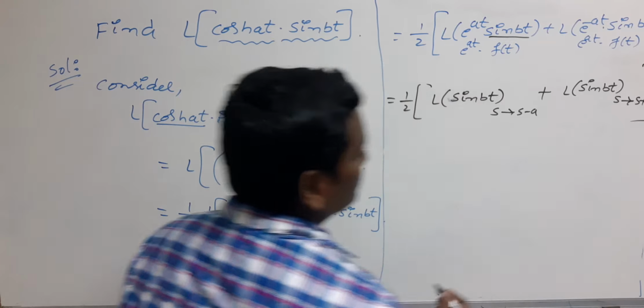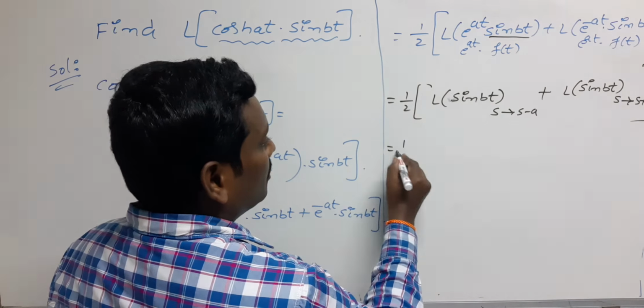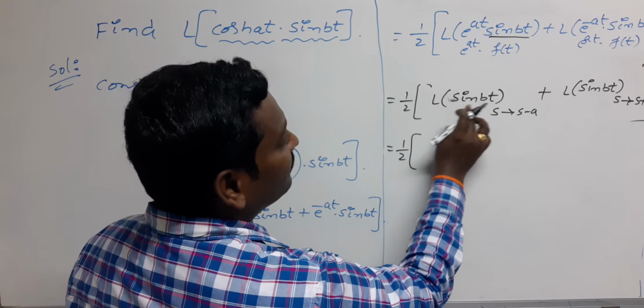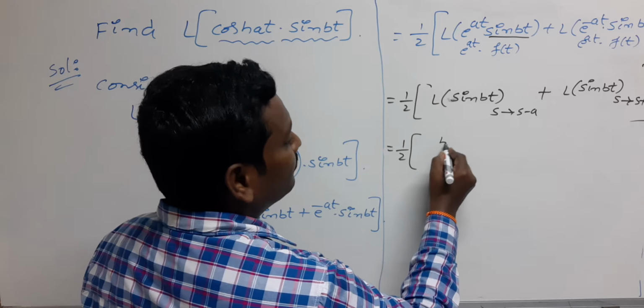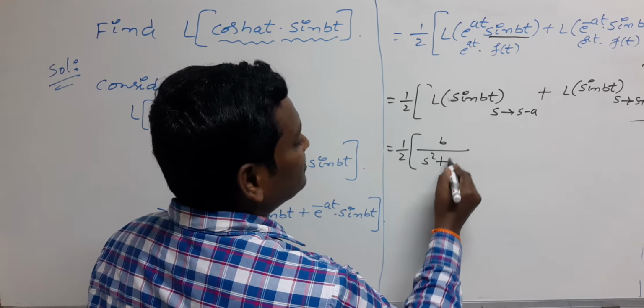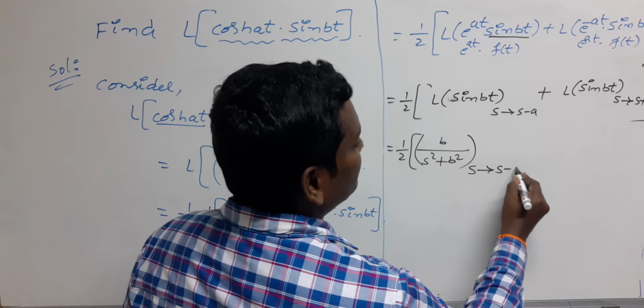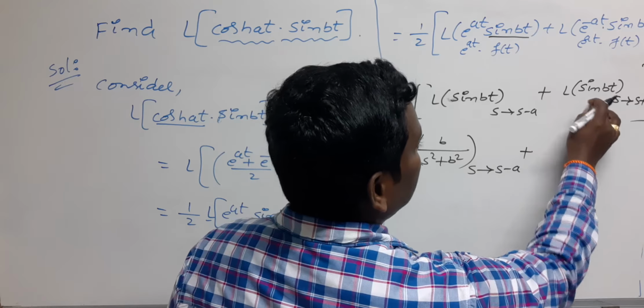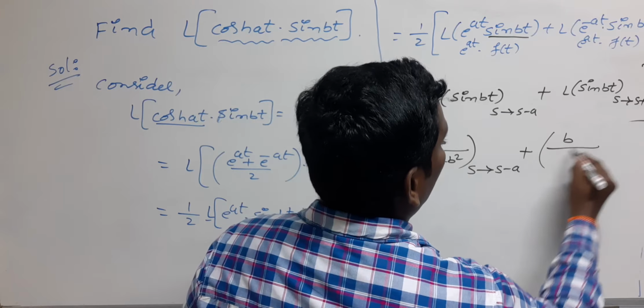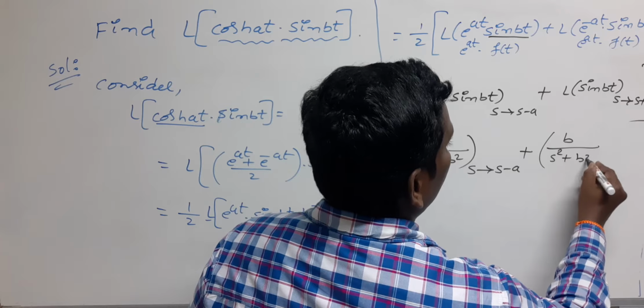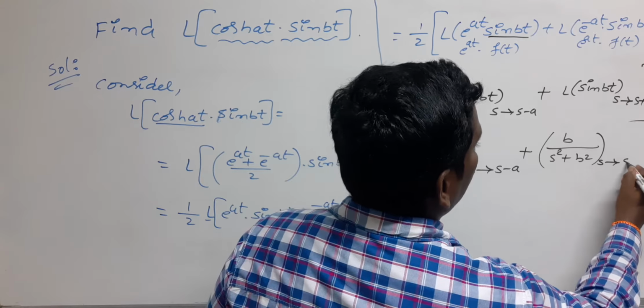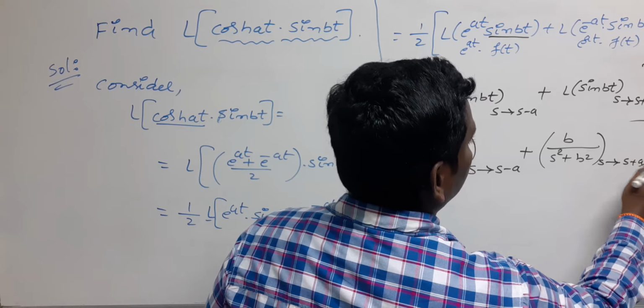Close the brackets. So 1 by 2 into, what is the formula for L of sin(bt)? b by s square plus b square. In this Laplace transform, we should replace s by s minus a. Plus, what is L of sin(bt) again? b by s square plus b square. In this one, we should replace s by s plus a.